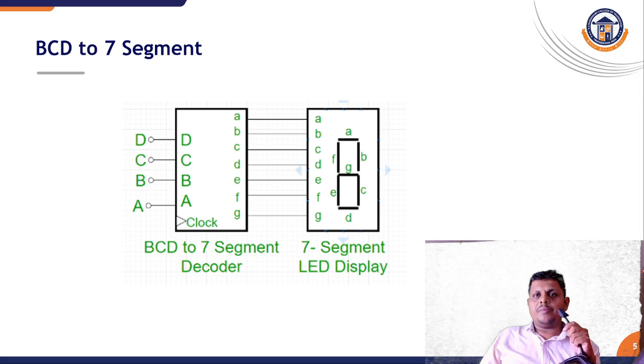First, we apply the input ABCD, which is converted into BCD format, and after that converted to A, B, C, D, E, F, G for the 7 segment LED display. Based on these operations, the LED is displayed and the number can be shown on the display of the LED.